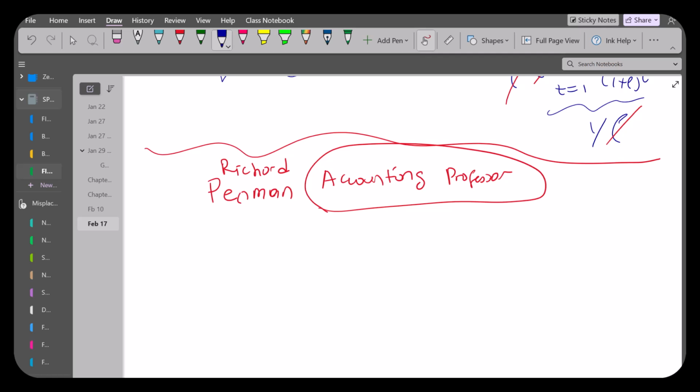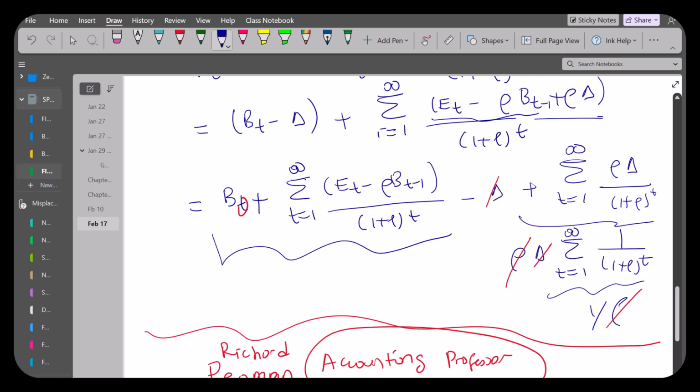Now, this discount rate that we use is the cost of equity capital.